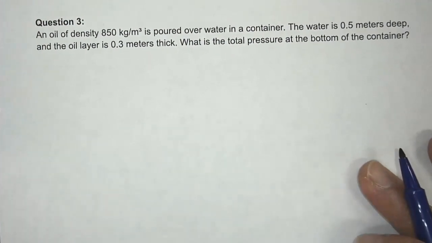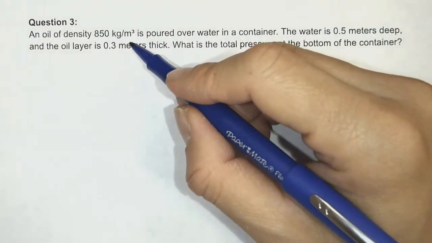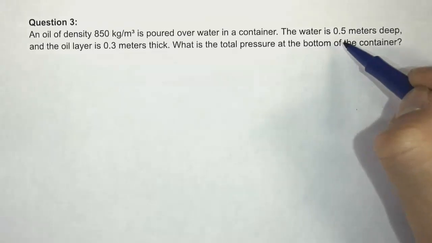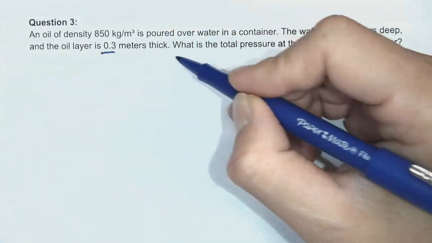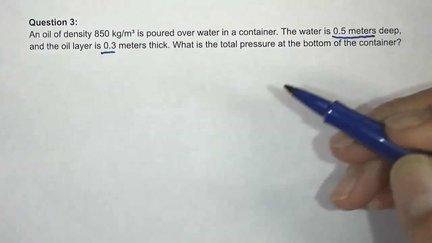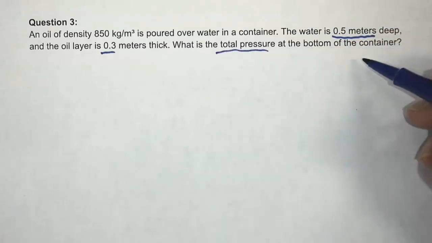All right, question 3. An oil of density 850 kilograms per cubic meter is poured over water in a container. The water is 0.5 meters deep, and the oil layer is 0.3 meters thick. Okay, so now we have two different types of fluids. We have water, we have oil. What is the total pressure at the bottom of the container?